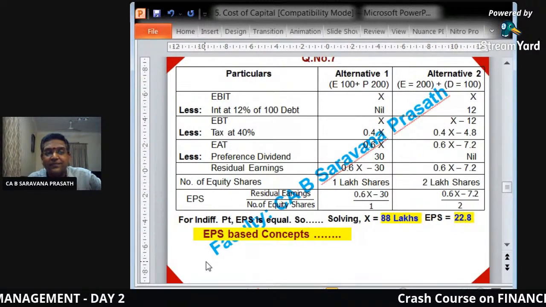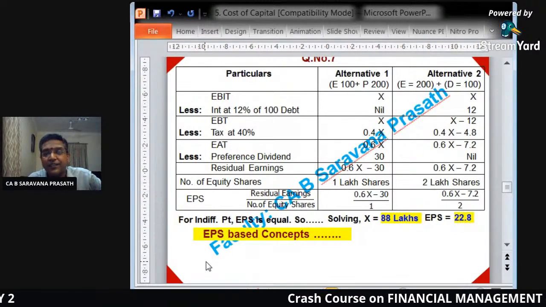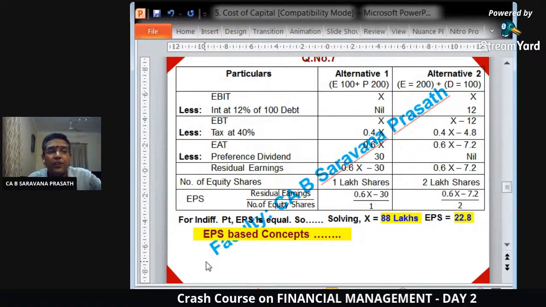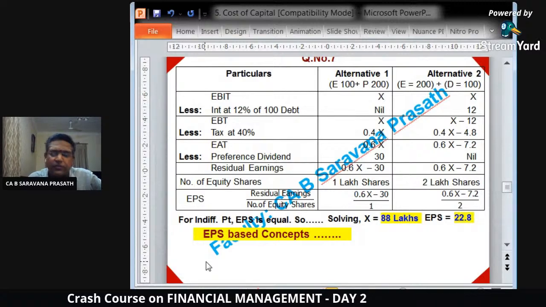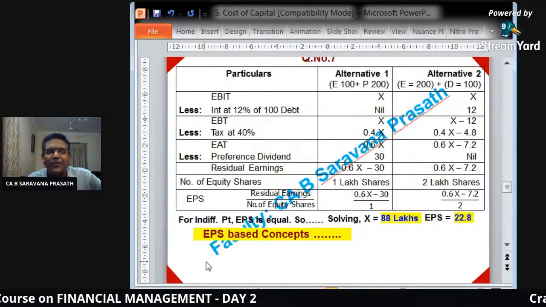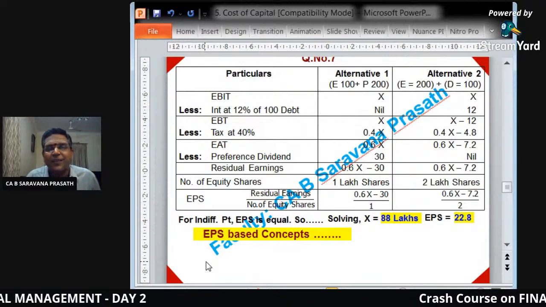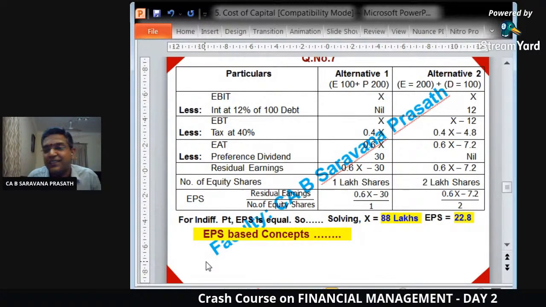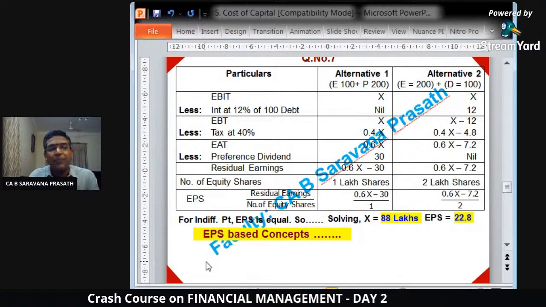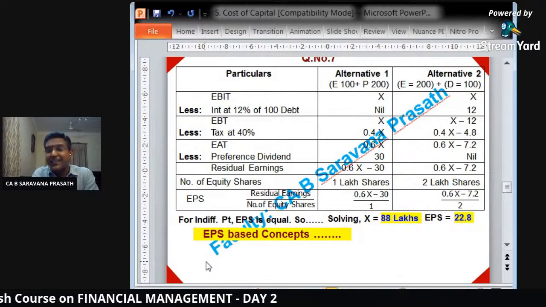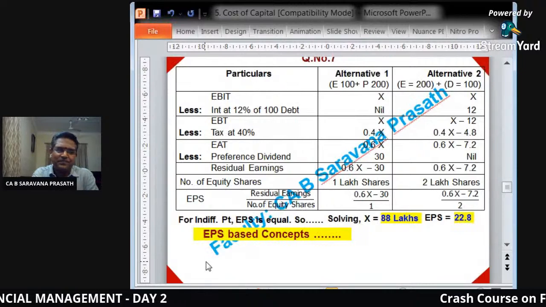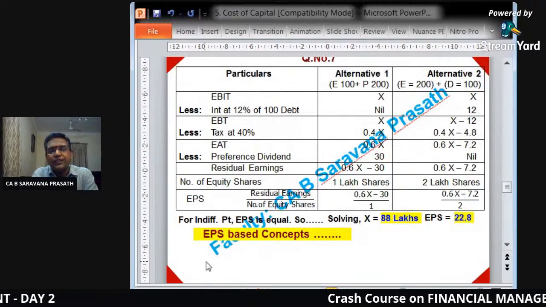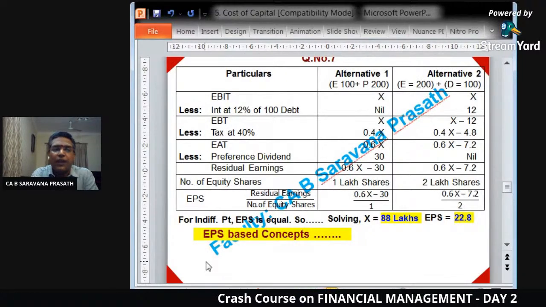Subtract preference dividend. In the first case, 200 into 15% is equivalent to 30. In the second case, there is no preference dividend. So the balance is the residual earning: 0.6X minus 30 in the first case, 0.6X minus 7.2 in the second case. This is in lakhs, my dear friends. The question says the face value per share is 100.